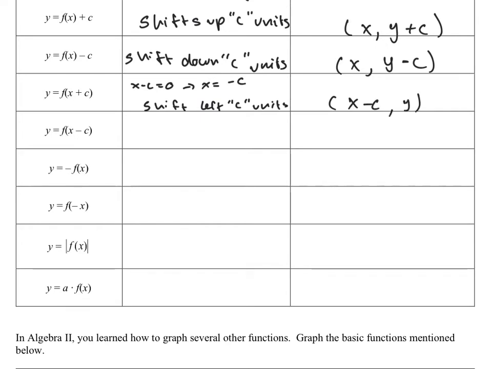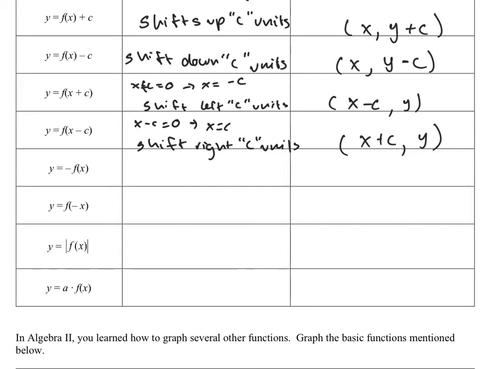Now, excuse me, I messed up. The first one was x plus c. You subtract c from both sides. Sorry. I wrote that down wrong. All right, but now, x minus c is equal to 0. Solve for x. X is c. So we're going to shift right c units. Okay, so now we have x plus c, y.